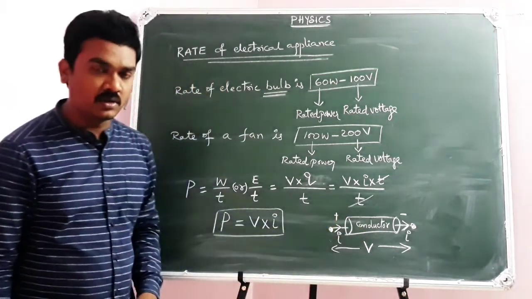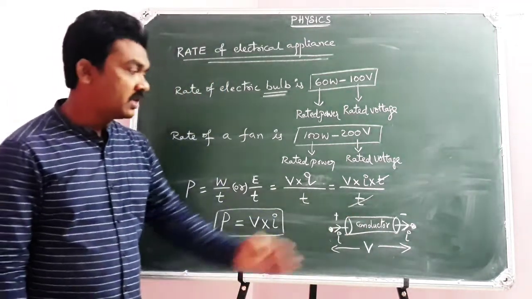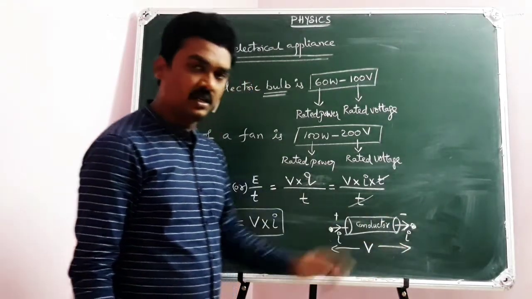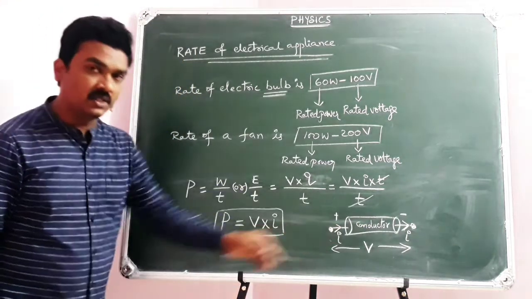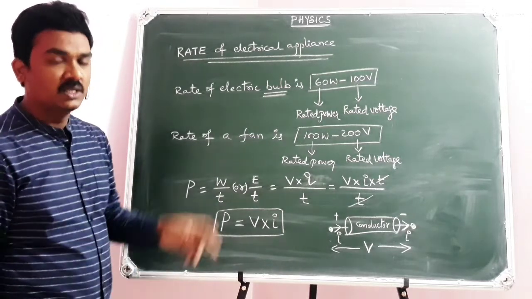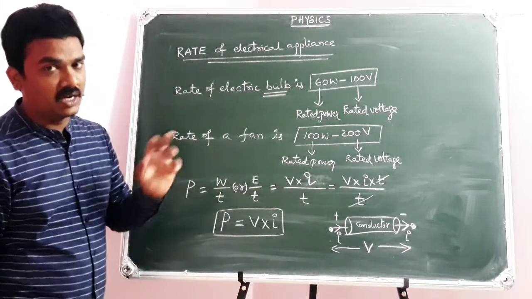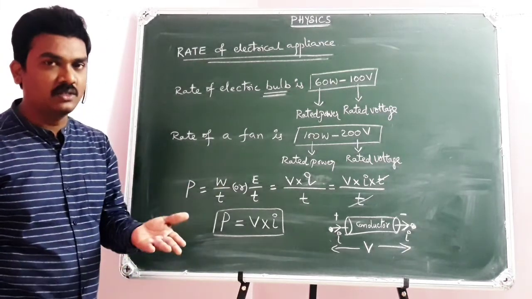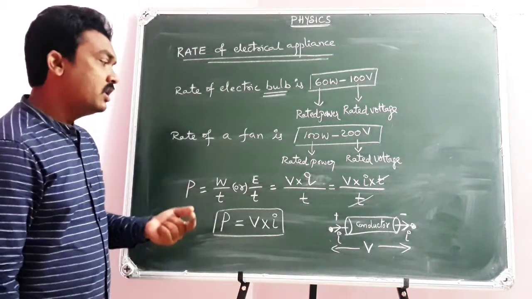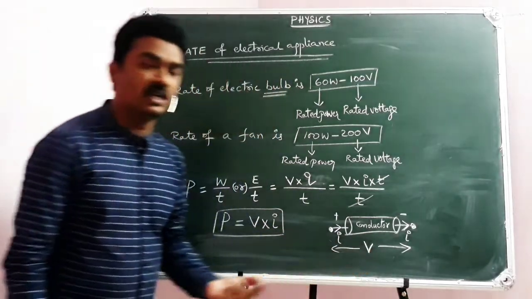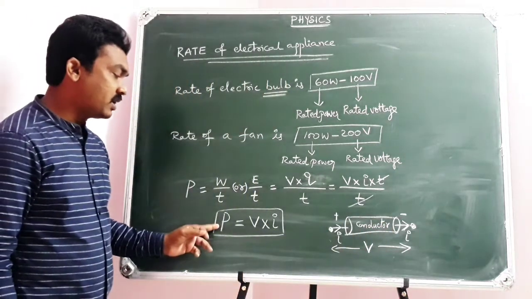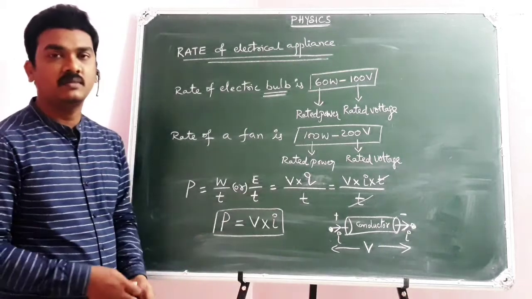This can be an electric iron box, an electric heater, or a refrigerator, which is maintained at a certain voltage and passing a current I. Then the electric power consumed by that appliance will be V into I. So if any electrical appliance, any resistor, any conductor, because a conductor has some resistance and is also treated as a resistor, you have learned all these basics, has a certain potential difference V across it, carrying a current I, then the electric power consumed P is equal to V into I.